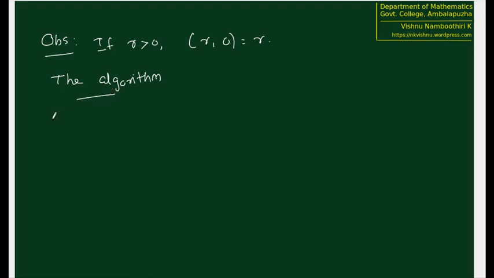So let A and B be positive integers, because even if we take negative integers, we can take the modulus of these two integers and find the GCD. That's going to be the GCD of A and B itself.